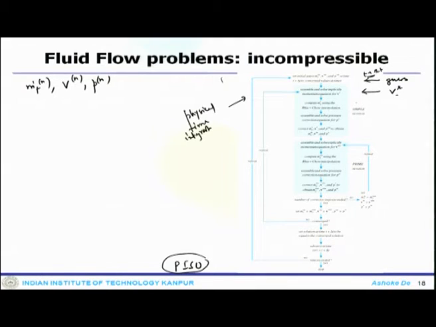Then you compute m dot_F^* using Rhie-Chow interpolation. After that, at this step you collect everything and solve for pressure corrections. Once you are done, then obviously using the pressure correction, the m dot_F^*, V^* and P^n are obtained. These are used and corrected to get m dot_F^**.